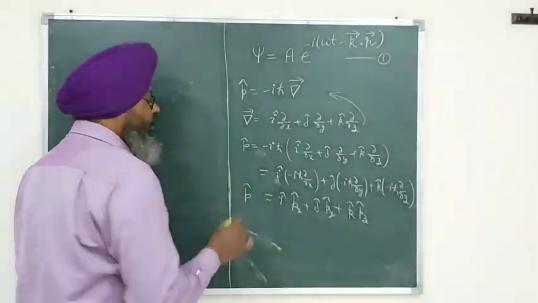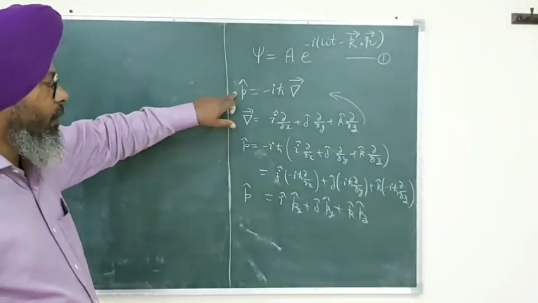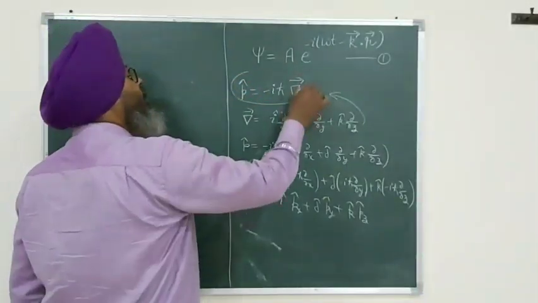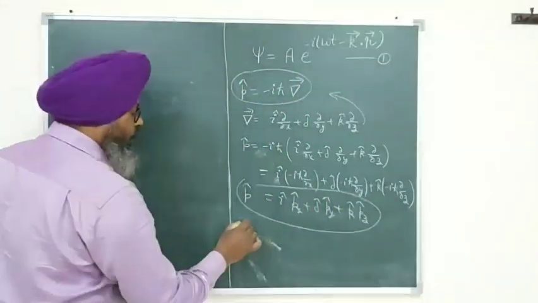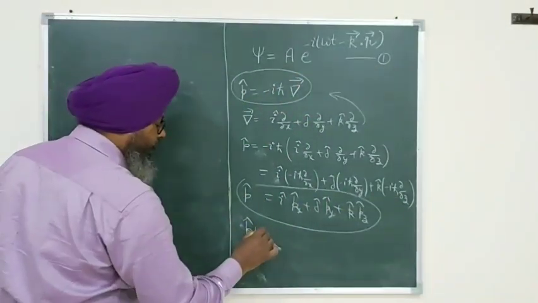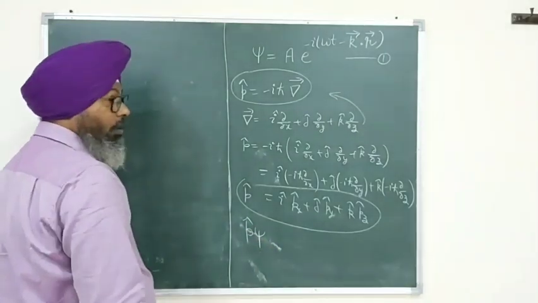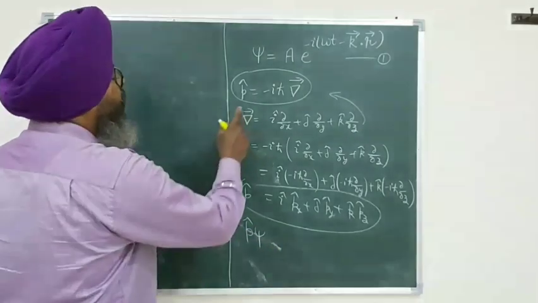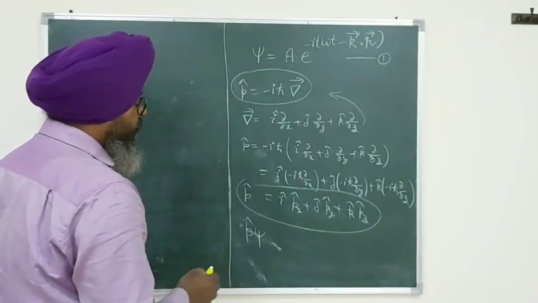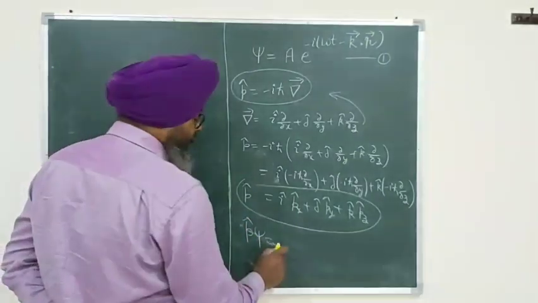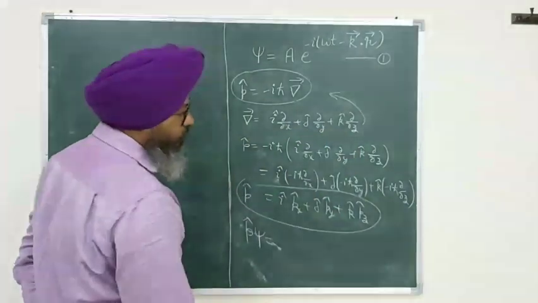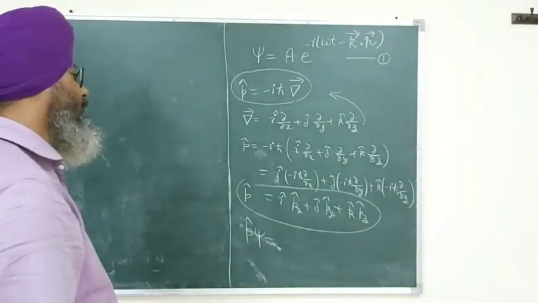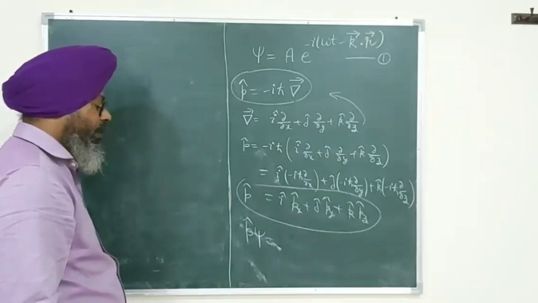So p cap is this. So what would happen if p cap psi is found? Now remember, this operator p cap is a linear operator, because it contains del, which is a derivative, and all derivatives obey the property of linearity, that is, the sum of derivatives is equal to the derivative of the sum.